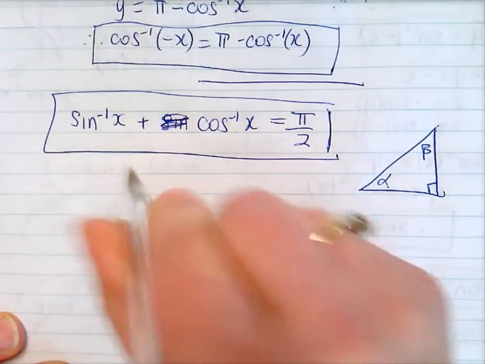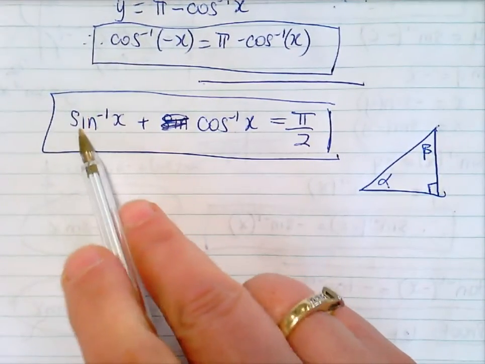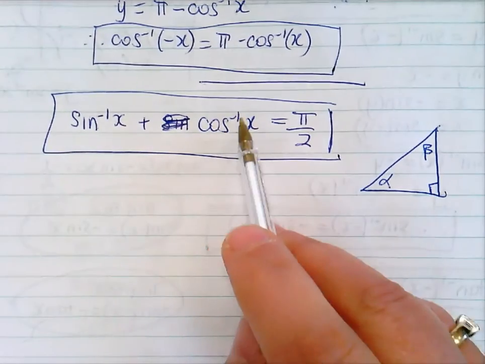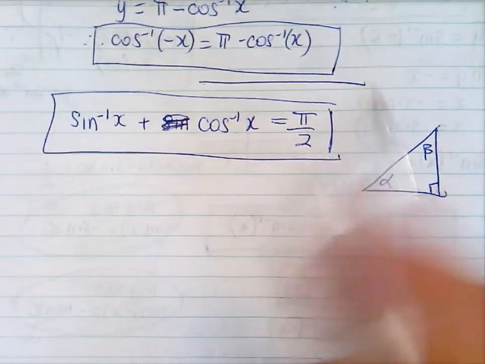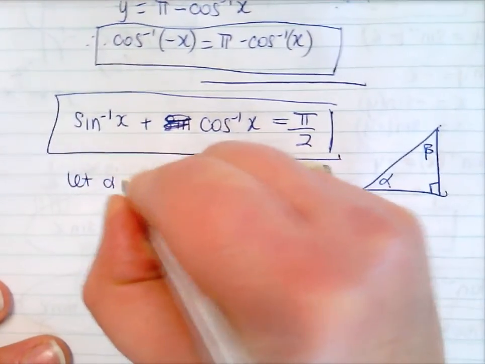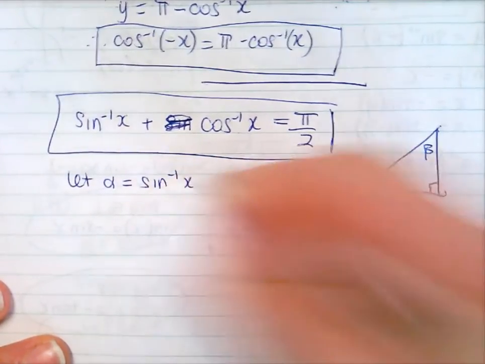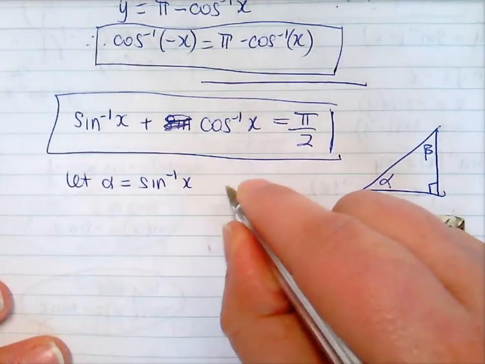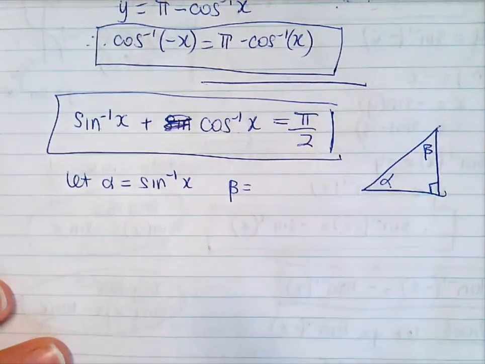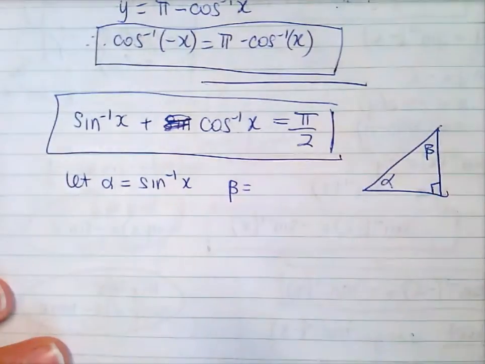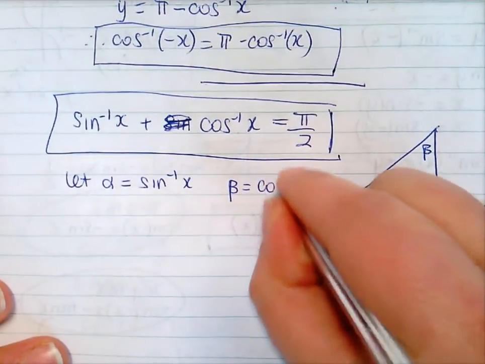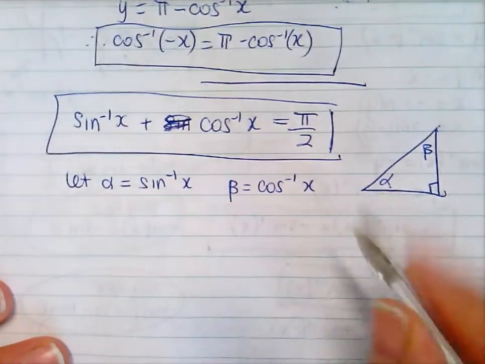I'll show you. This is the rule that we're trying to prove: inverse sine of x plus inverse cos of x is pi on 2. We always let alpha equal inverse sine of x and beta equal inverse cos of x, but actually that's not the proof.